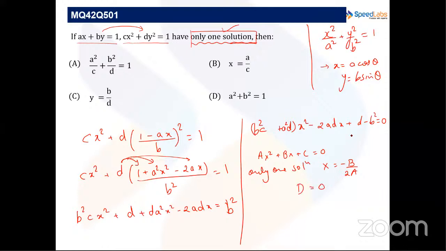So first of all, let's put the discriminant equal to 0. Discriminant is b square minus 4ac equals 0. On comparing, we have b equals minus 2ad, a equals b square c plus a square d, and c equals d minus b square.